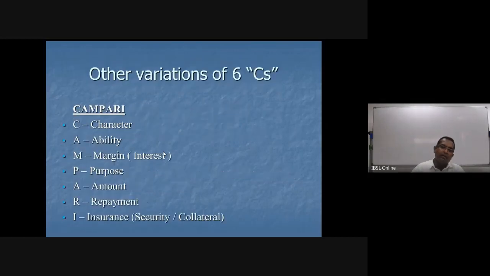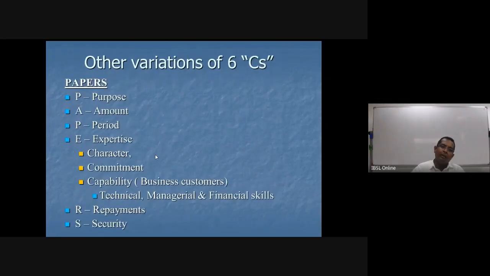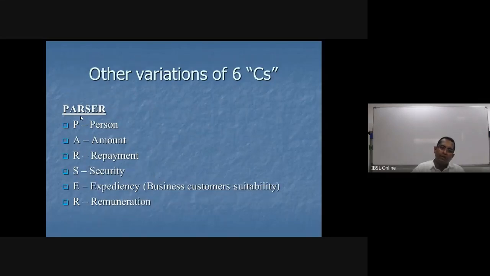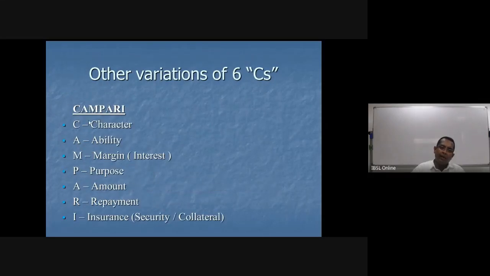As we discussed earlier, for consumer credit, we have PAPERS, PASSER, and CAMPARI. These are the models we use when looking at retail credit or consumer credit. What does consumer credit mean?